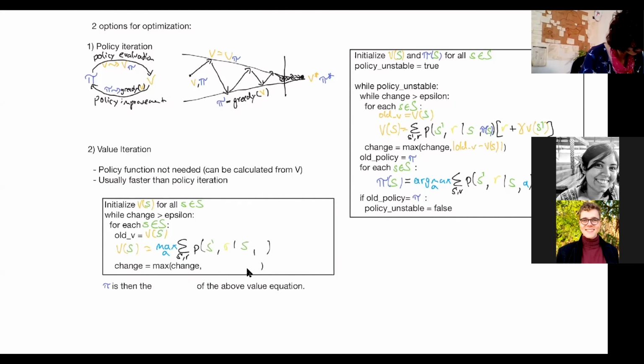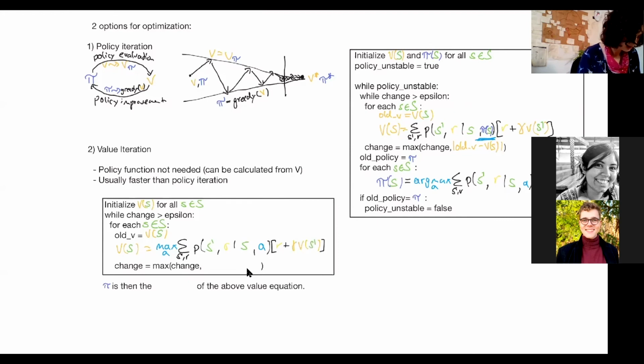Here we look at all actions and pick the best one, and not like we did in policy iteration, where we use the action under the current policy. And then this again multiplied with the reward plus the discounted value estimate of the next state.